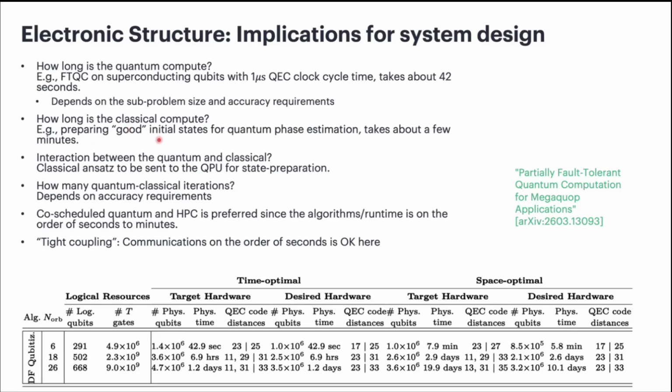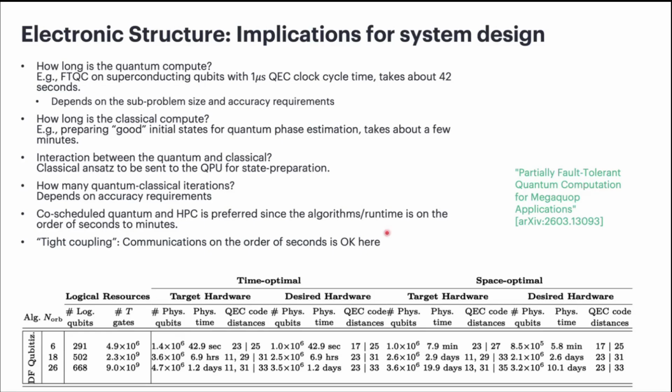Again, I will show that if you want to prepare good initial states, there is non-trivial classical compute that can go into these problems. And there may even be some concurrent computation going on to track your entanglement boundaries as you're doing the simulation. There is some reasonable interaction between the quantum and classical side, and the number of iterations is really a function of your accuracy requirements.